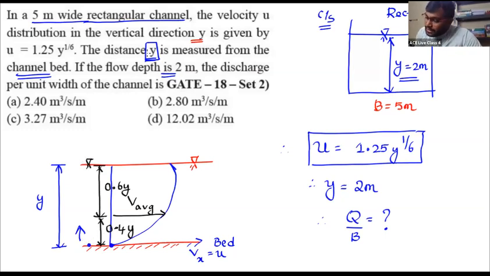And you know that the depth is measured either from the channel bed or from the water surface. Here, the depth is measured from the channel bed, so you have to take the average velocity at a depth of 0.4 y.